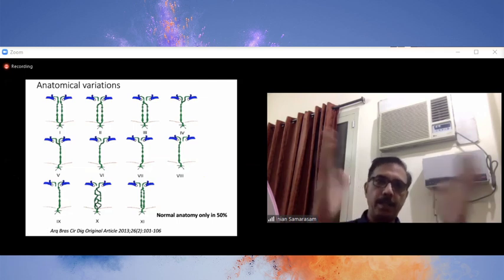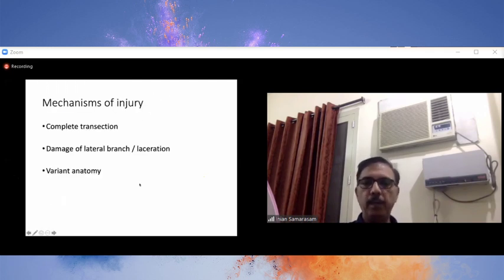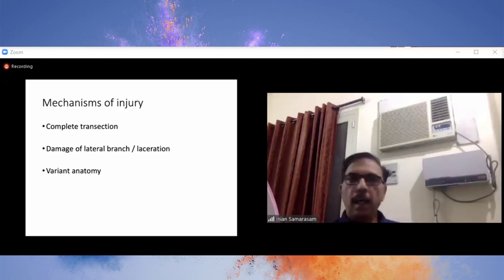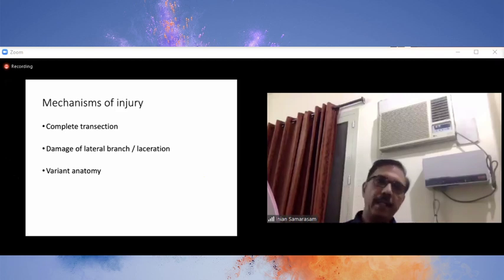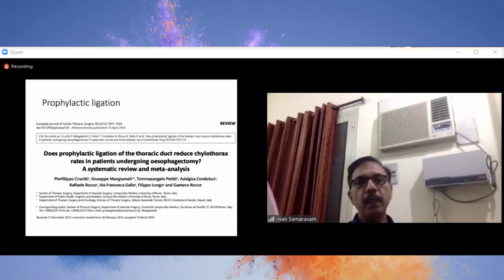But because it is a bilateral structure to start with, you can have all these variants of anatomy with the thoracic duct. Now, coming to the mechanism of injury, you can have a complete transection, a lateral branch damage or a laceration, or there can be a variant anatomy.